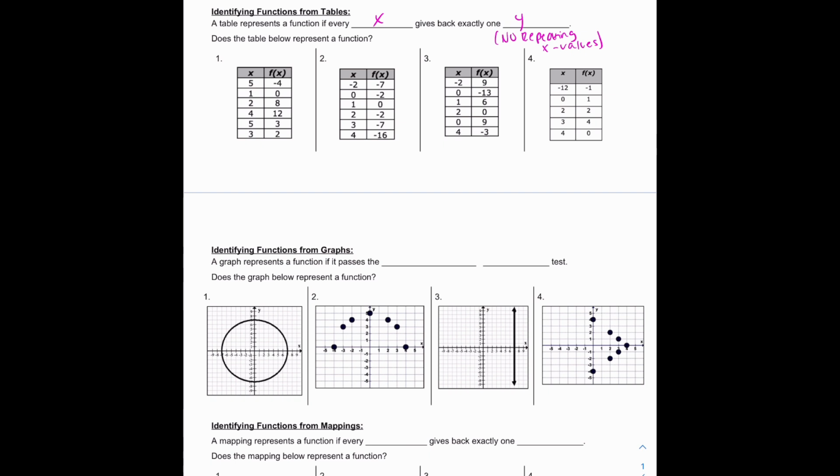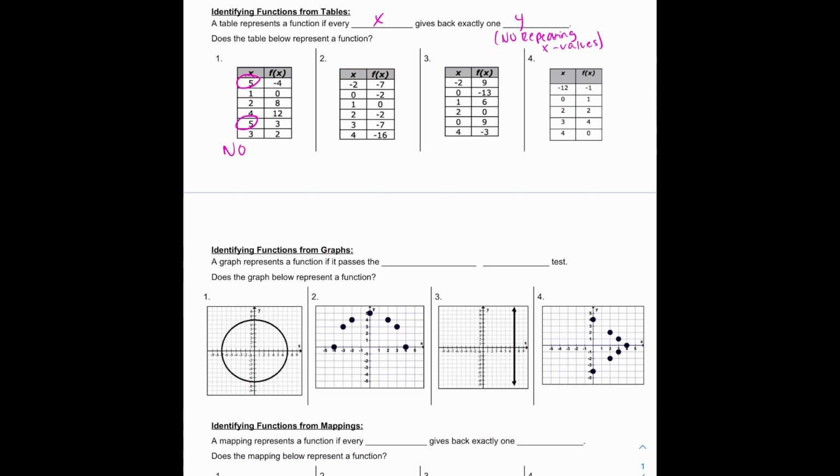Looking at our example number 1, it asks if the table below represents a function. Are there any repeating x values is essentially how we can figure that out. Yes, we see that +5 is given as an x value twice, so no, this is not a function. Looking at number 2, are there any repeating x values?